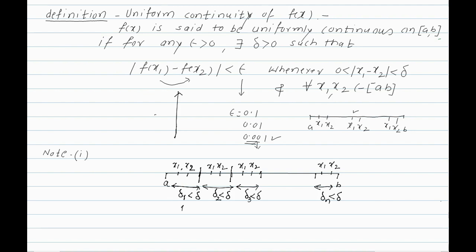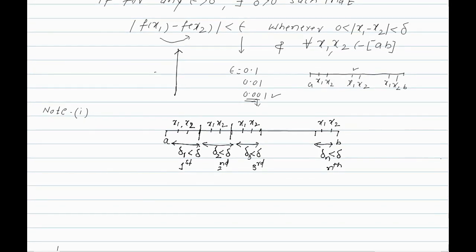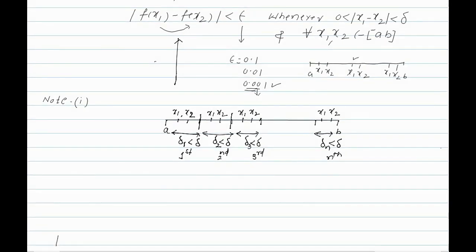So this is the first interval, this is a second interval, this is a third interval, and last is, say, nth interval. So n is some finite natural number. So what we observe is that if f of x is uniformly continuous function.